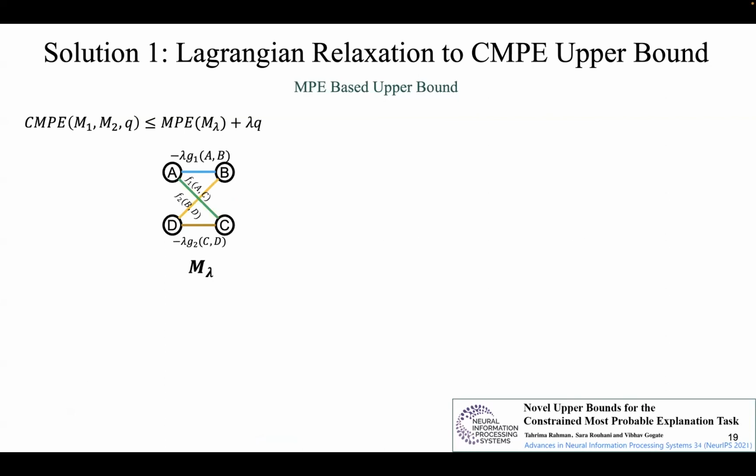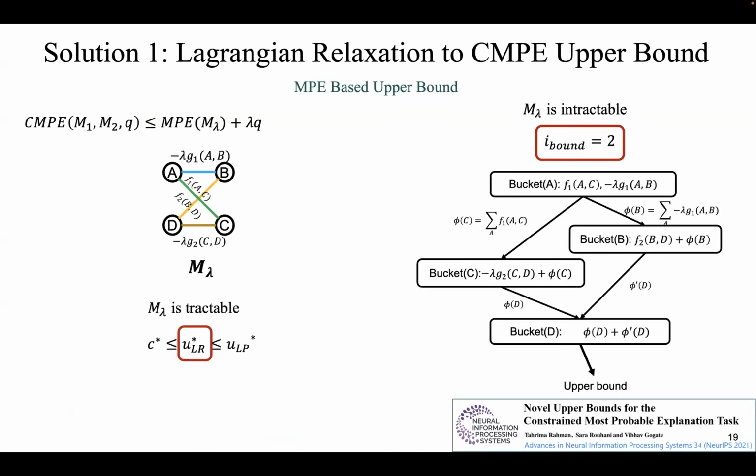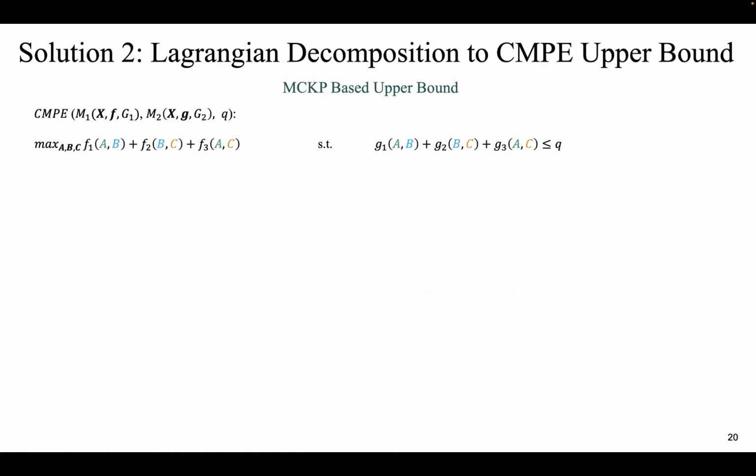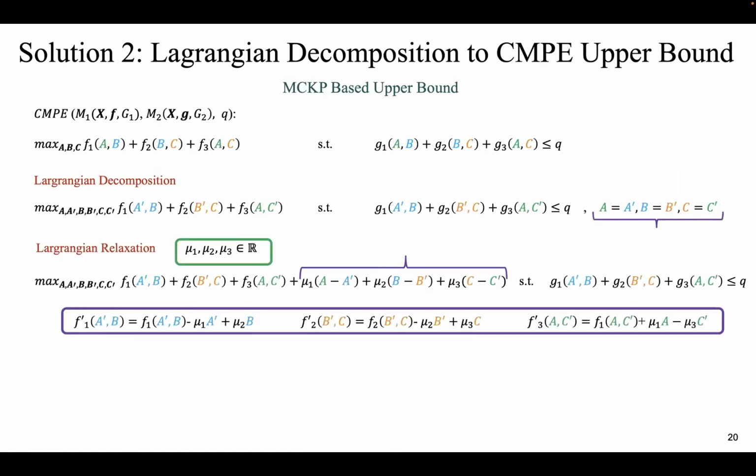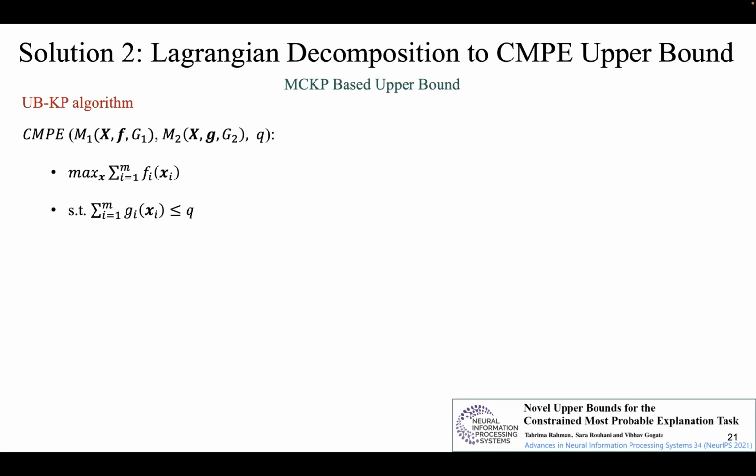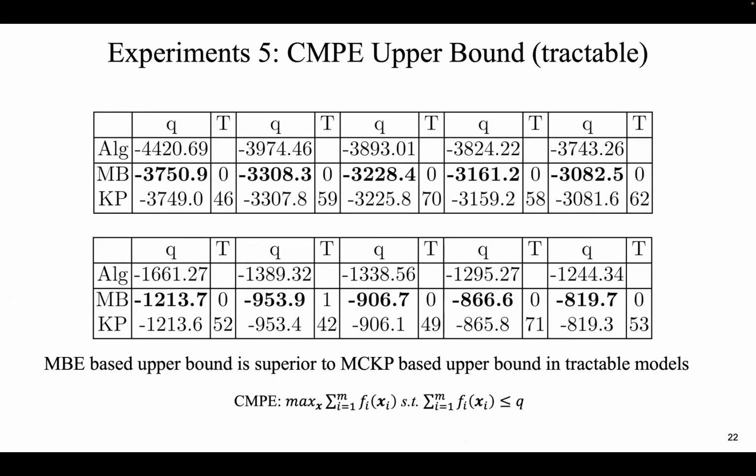In many cases, the graphical model itself is intractable, so the MPE task is also intractable. In that case, we can use mini bucket-based elimination algorithms, which were proposed in Rina Dechter's group for solving these problems and computing upper bounds on CMPE. I'm not going to go over the experimental results for these upper bounding algorithms, but the point here is that there are two types of upper bounding algorithms.